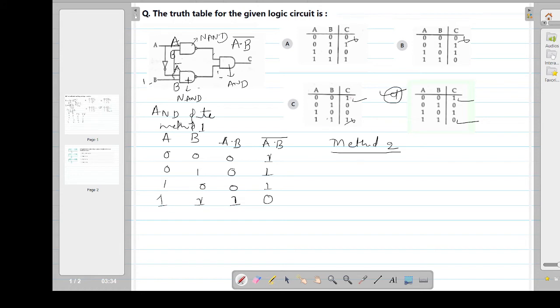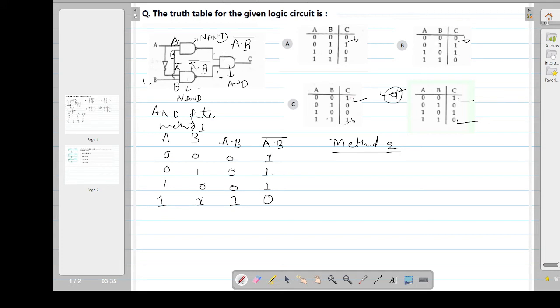In the second NAND gate, A bar and B pass through the NAND gate, so A bar into B passes through it, and because of the NAND gate, I have put a bar over there.